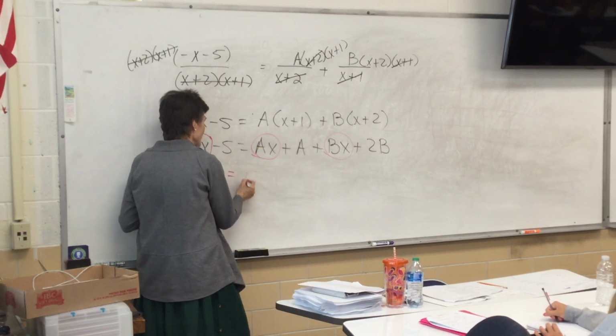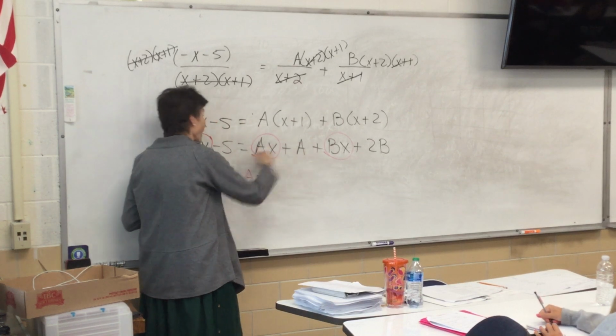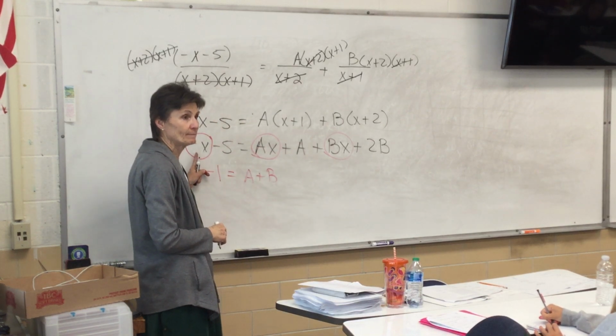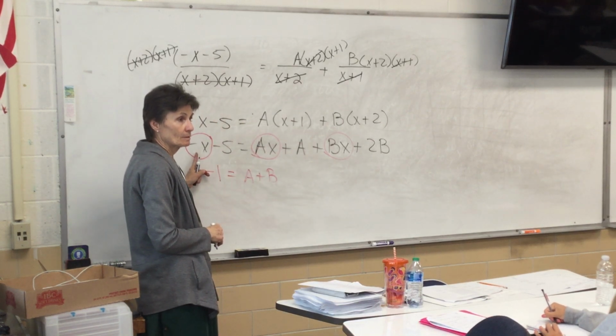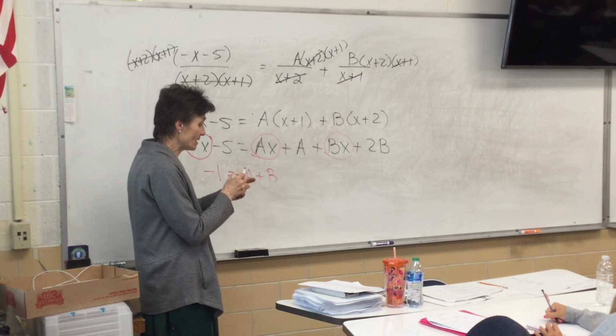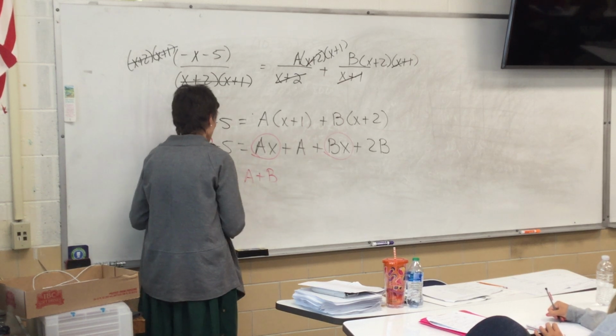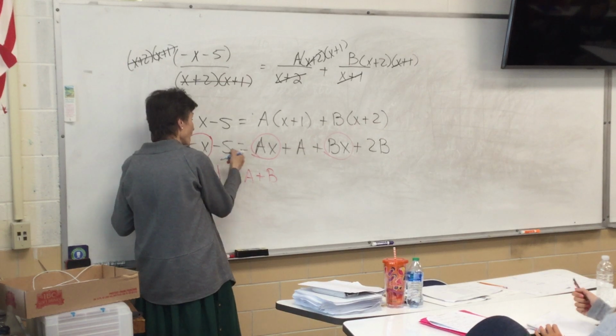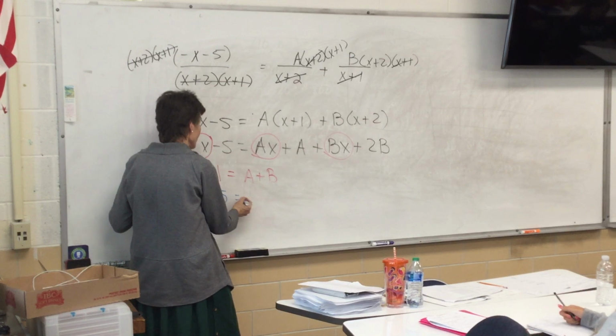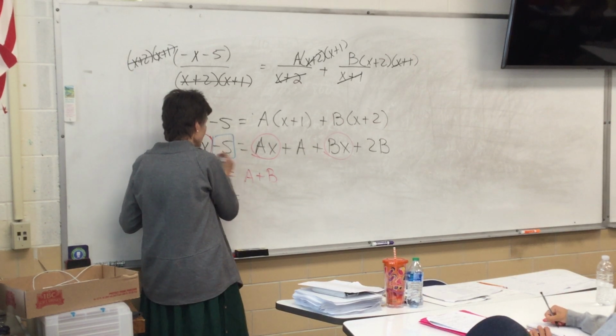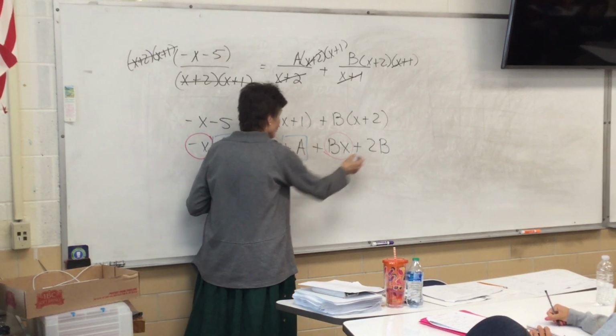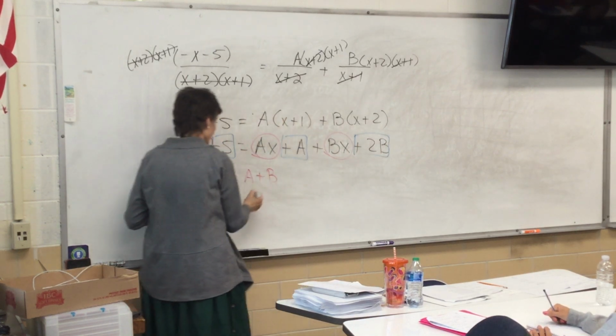So a and b have to combine together to give me -1. Okay, and then similarly, on this side, the constant term is -5. And on this side, the constant terms are a plus 2b.